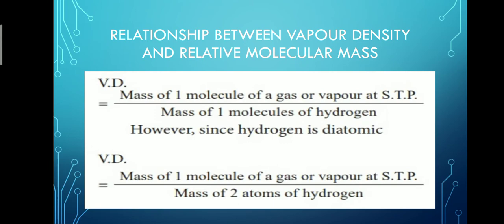However, hydrogen always happens to be present as a diatomic, so instead of one molecule of hydrogen here, we can replace it with two atoms of hydrogen. So this vapor density becomes the mass of one molecule of a gas or vapor at STP by the mass of two atoms of hydrogen.